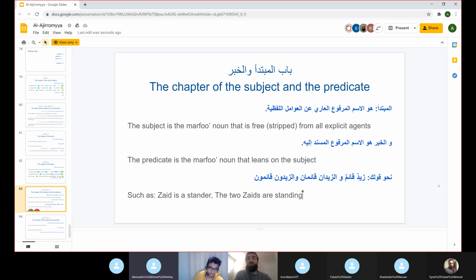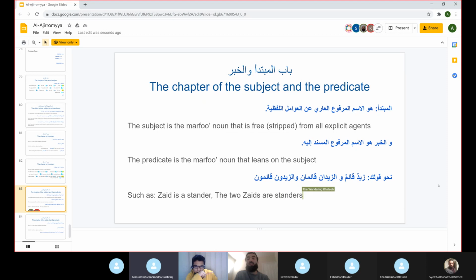You would say the two Peters are standards, make it plural. The same concept applies here. You say Zaidani qa'imani, meaning the two Zaids are standards. In English we don't have dual, but in Arabic, if there was dual in English, you would make it dual. But because plural and dual fall under plurality in English, you just add an S to it. Okay, that makes sense. Thank you. You're welcome. So the two Zaids are standards.